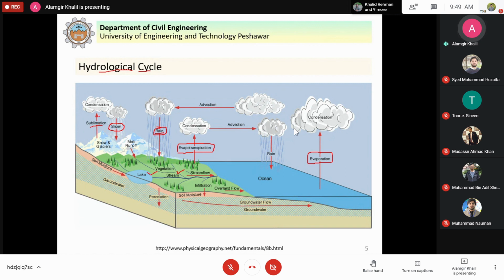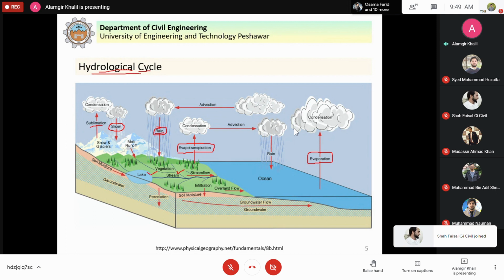You can see here, this is one subcycle: rainfall, then evapotranspiration, again cloud formation, can be another subcycle. So you can see here the water moves in a cycle with subcycles. This is the hydrological cycle or water cycle.